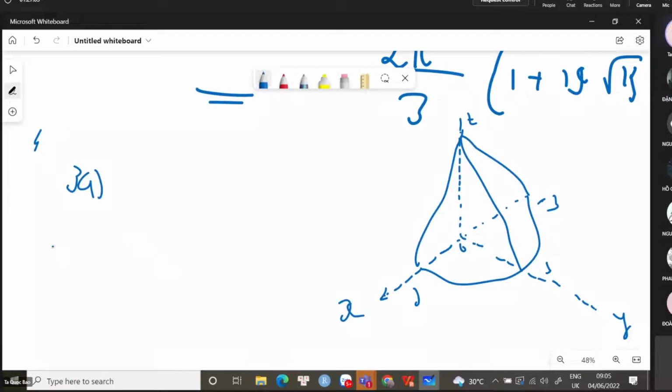So therefore, we have a integration. This is from 0 to 3.